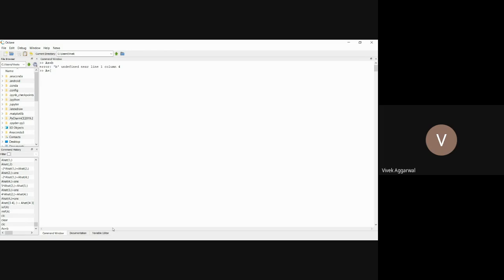Suppose I take the matrix 3, 4, 1, and then minus 2, 0, 3, and then 1, 2, 4. So this is the 3 by 3 matrix I'm taking. If you enter it, the matrix will appear like this: 3, 4, 1 is the first row, minus 2, 0, 3 is the second row, and the third is 1, 2, 4.